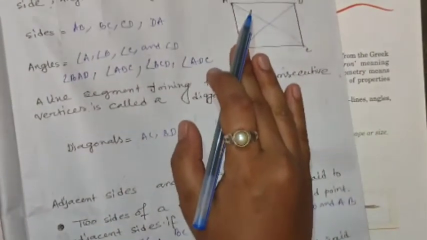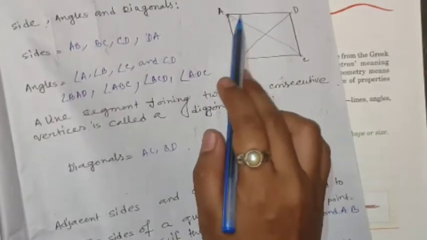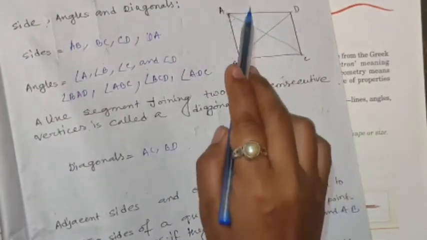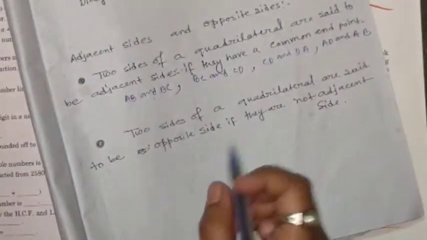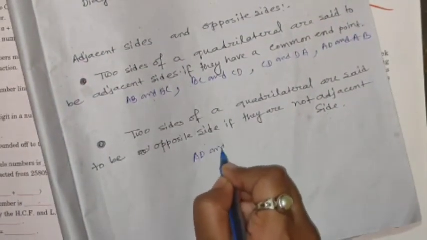That means if two sides do not have a common endpoint, then the two sides are called opposite sides. If I take two line segments AD and BC, these two sides have no common endpoint. That means AD and BC are opposite sides.